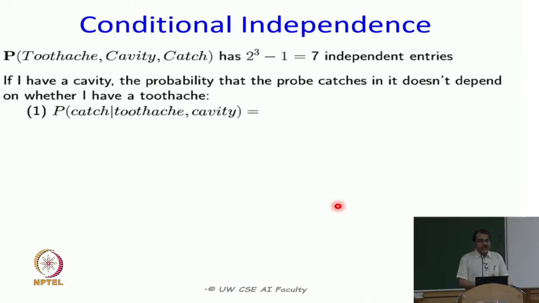To explain this, we will again use the example of toothache, catch, cavity, and I am going to ask the question: what can we say about the probability of catch given toothache and cavity? Think about it. I know that the person has toothache, I know that the person has cavity, and now I am asking, are you going to catch the microbes?